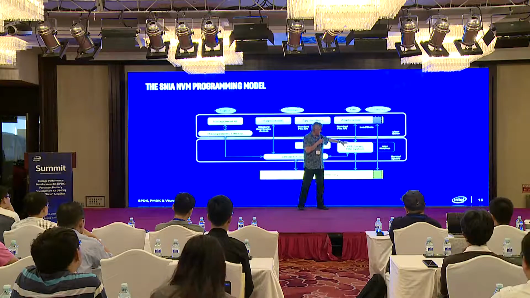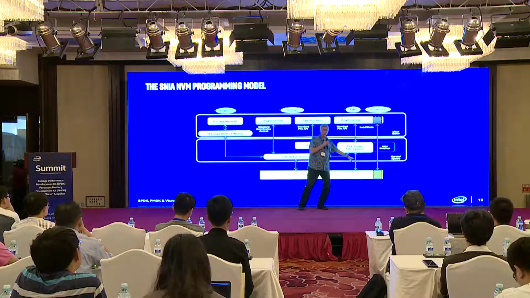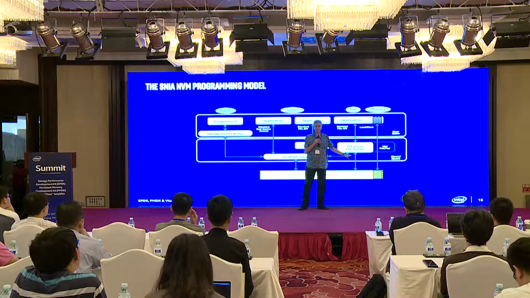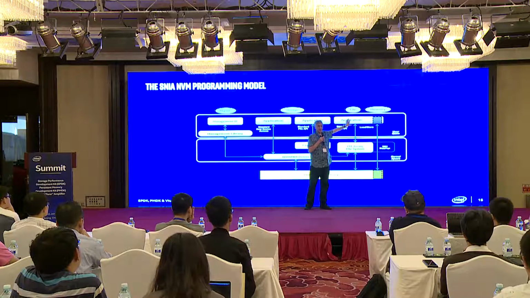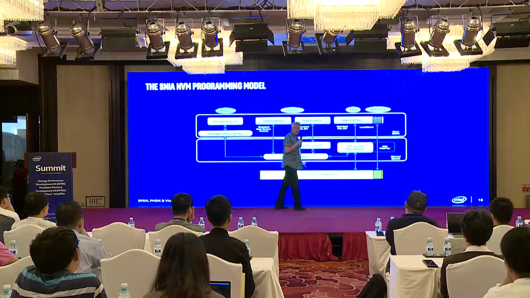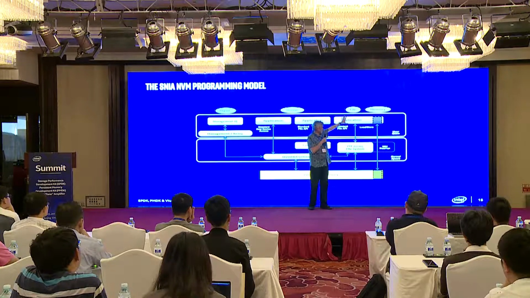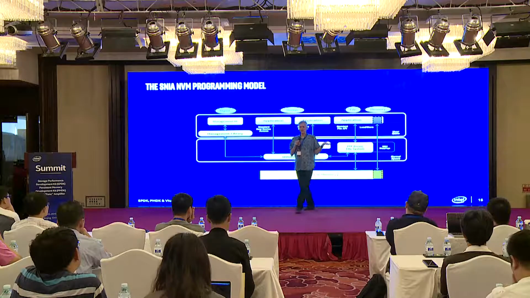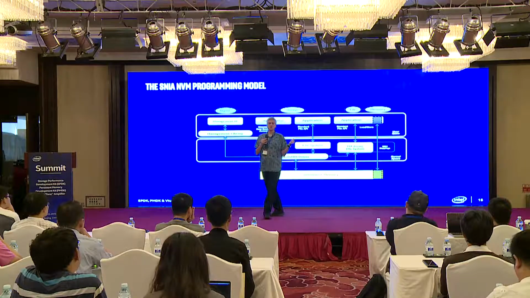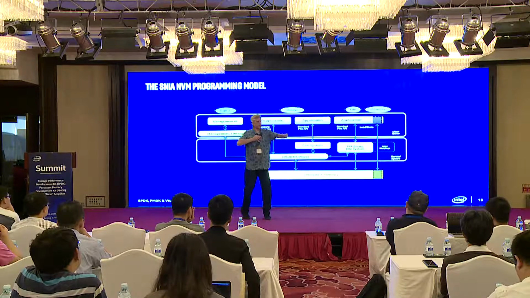And at that point, this file system knows it can use this blue arrow right here to talk directly to the persistence. Right? It can do loads and stores. So if I, in my application, call a read or a write, instead of going through the block stack like it used to, the application just calls into the file system, and the file system can just satisfy that read and write directly. So if I just stop there, we're better off. We have a little bit faster file layout. But I don't stop there.